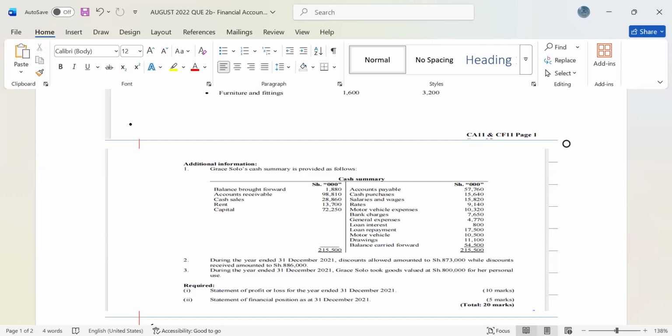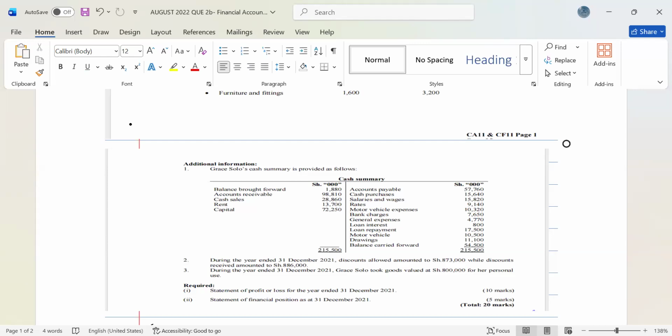Then on the credit side, we have the accounts payable, the cash purchases, salaries and wages, rates, motor vehicle expenses, bank charges, general expenses, loan interest, then loan repayment, motor vehicle, drawings, and balance carried forward has also been given there.